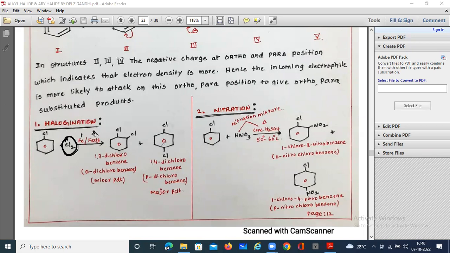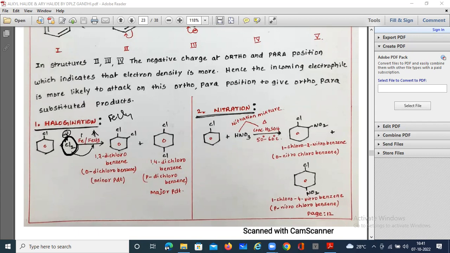What happens, the mechanism: first, from FeCl3 one of the chlorine atoms goes over here, and it becomes FeCl4 minus. The remaining chlorine acts as the electrophile.